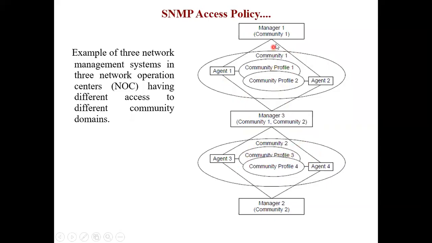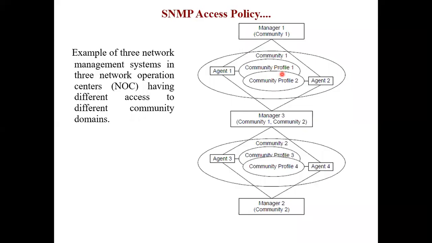So every agent, every manager belongs to one community. So a community should have a name. When I'm sending the data, any get message, set message, or trap message, how will I know that it is coming from a manager or an agent belonging to community 1 or community 2? When I'm talking of the field structure, the packet that I'm going to send, my message is encapsulated in a packet.